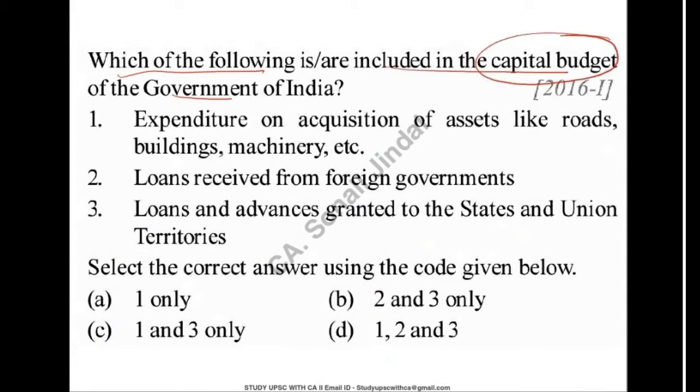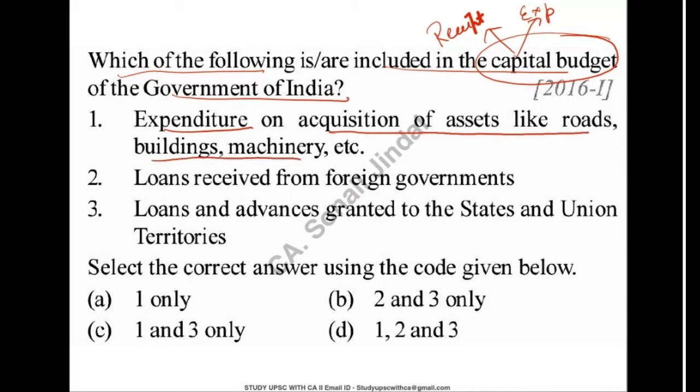The question says, which of the following are included in the capital budget of the Government of India? Here you can classify capital receipt and capital expenditure. The first statement says expenditure on the acquisition of assets like road, building, machinery. It is creating a capital asset and it will not be done every year. This is non-recurring in nature, so it is a capital expenditure.